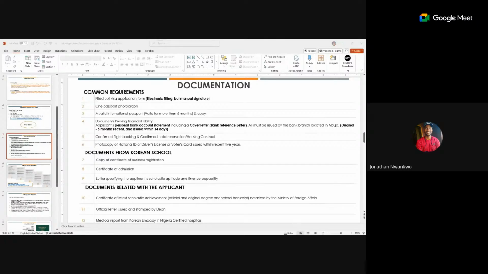Then your confirmed flight booking and confirmed hotel reservation or housing contract. At least for students, it's better to have an apartment before you come over, so it makes it much easier for you. So your housing contract or a hotel reservation, or if you are going into the dorm, they usually give this dormitory application. So that can suffice for that also.